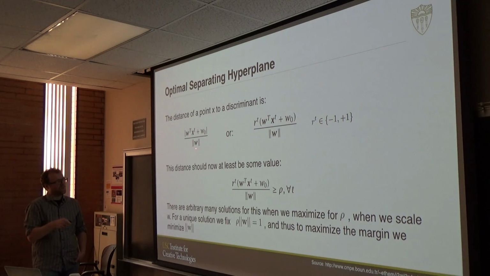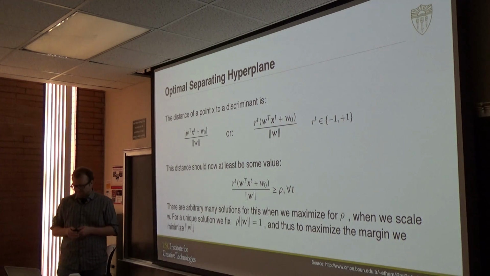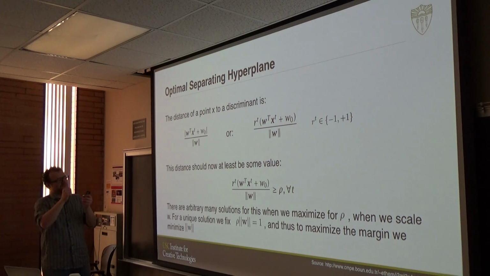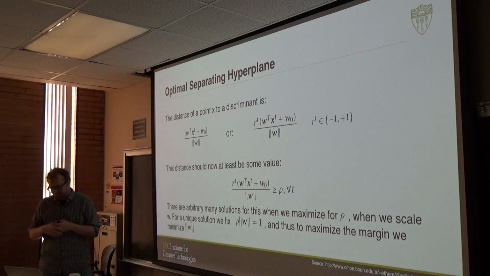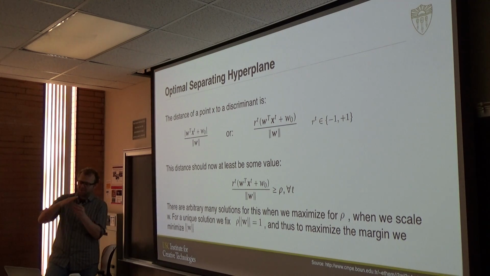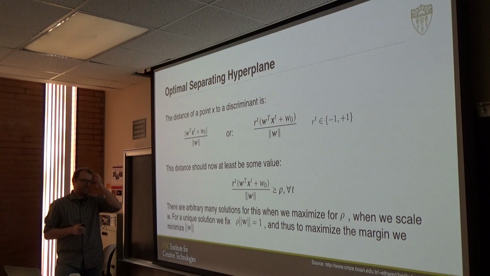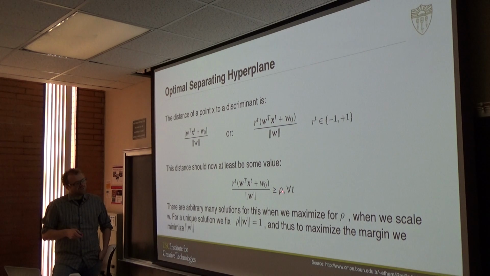Then we normalize this with the weight vector, because we want this normalized for all of our weights. We don't want this to be dependent on the location of the separating hyperplane, and this normalization keeps us within a certain boundary.